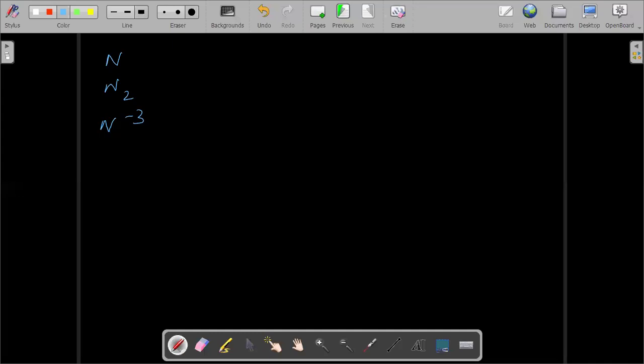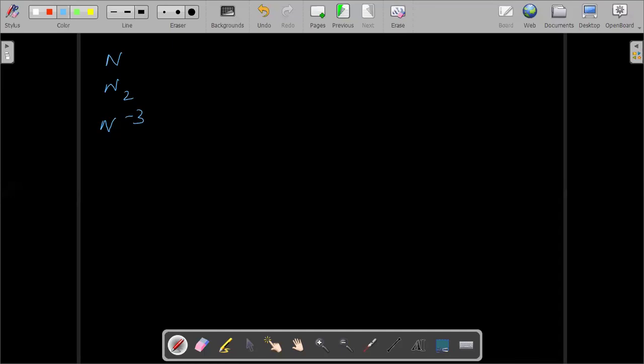Nitride ion. N will be the nitrogen atom and N2 is the nitrogen molecule.